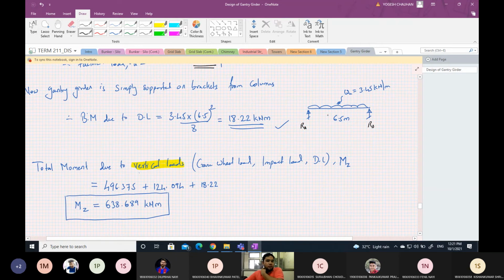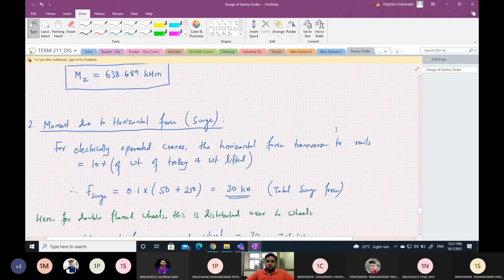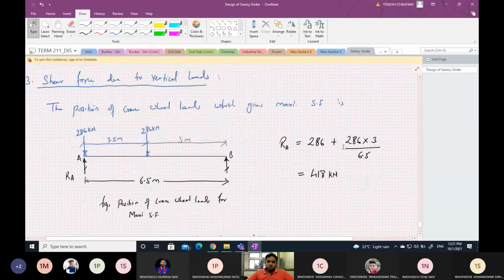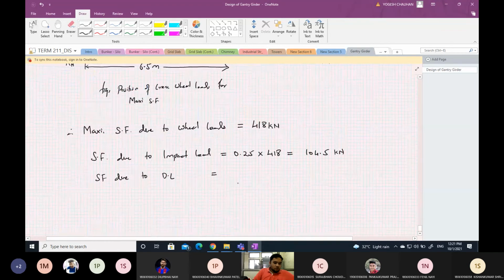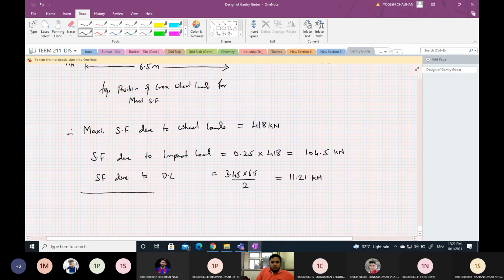So it will be 3.45 multiplied by 6.5 by 2. So this will be 11.21 kilonewton.